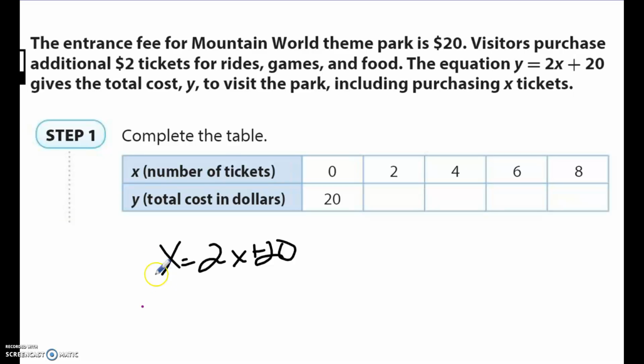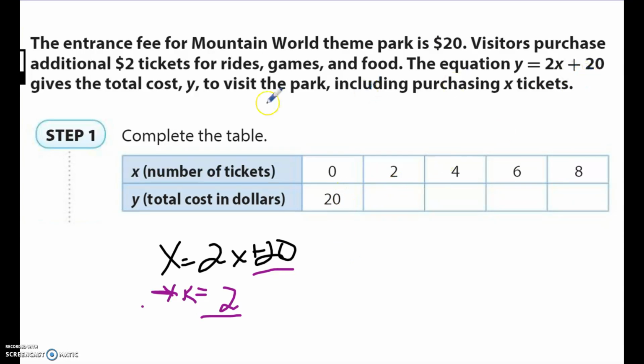What's different about this equation? Can you guys pick anything out? To me, I see this plus 20. That's a little bit different. So if we look here, we have my k equals 2, if we didn't have that 20, right? So this, guys, represents my rate of change.